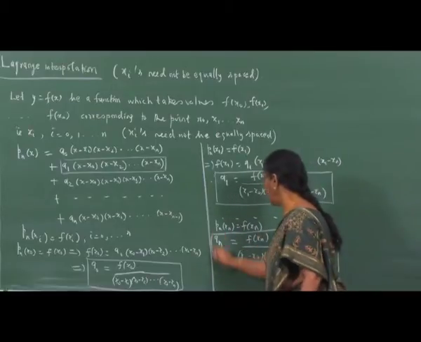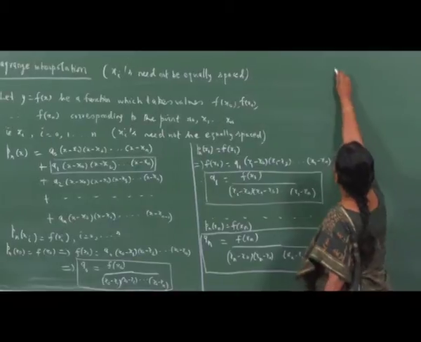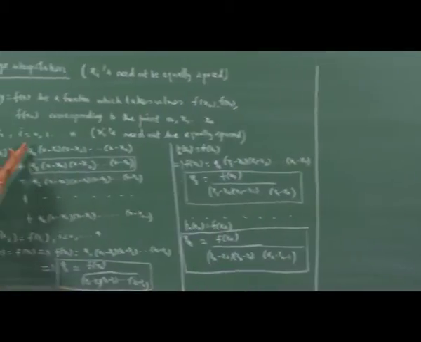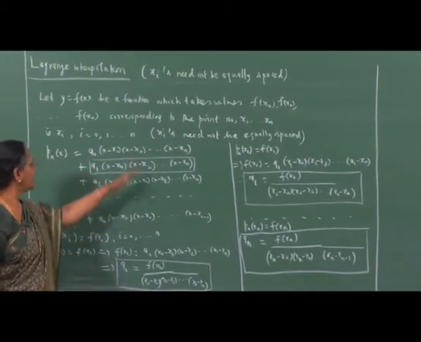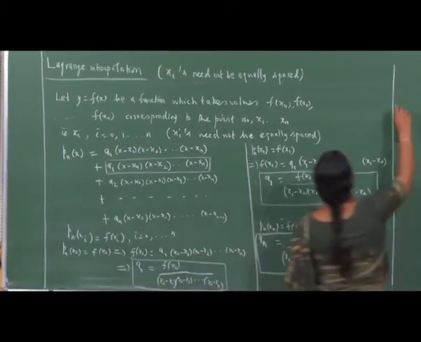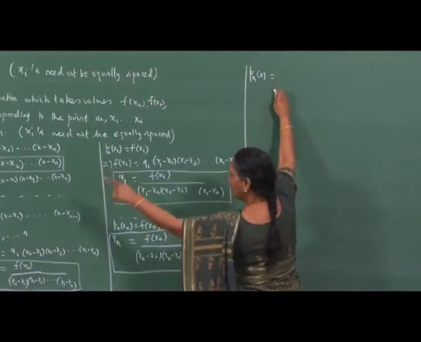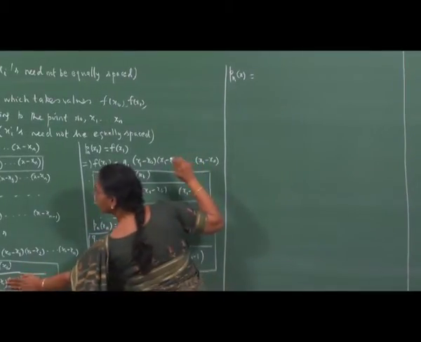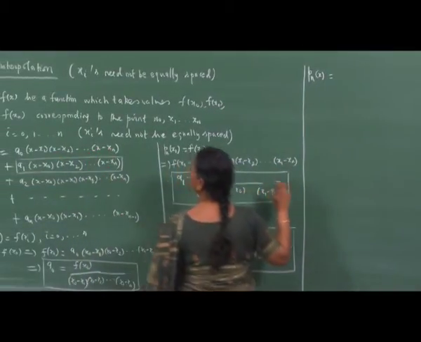So, having determined all these coefficients, we can substitute in P n of x equal to a naught into something and so on plus a n into this factor, and write down the resulting interpolating polynomial. Hence, P n of x will be equal to a naught. What is it? It is f of x naught by this factor multiplied by x minus x 1, x minus x 2 etc. x minus x n.